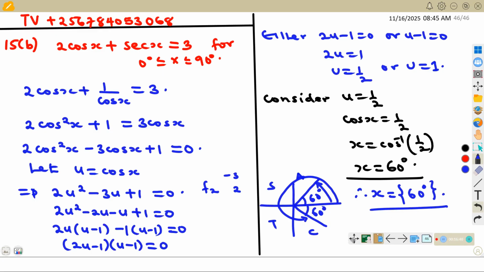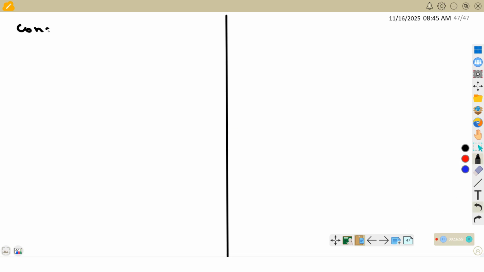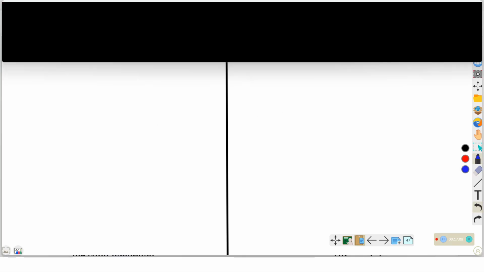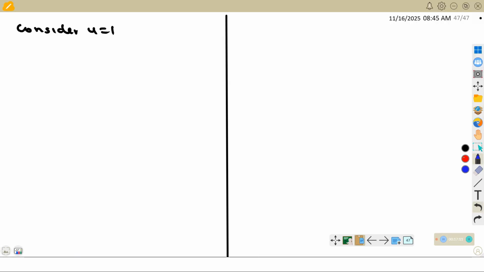So next, we look at u equaling to 1. So when u is equal to 1, this will imply that cos of x is equal to 1.